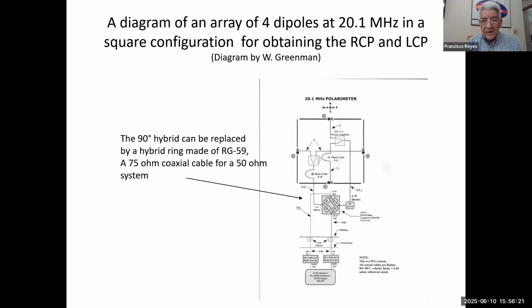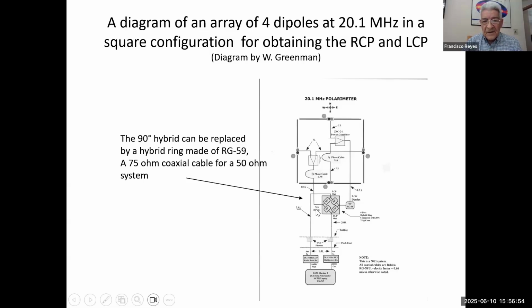Here I'm showing pretty much what I have at home in my small observatory, and the one that was used by Wes Greenman. By the way, Wes Greenman passed away a couple of years ago. He was one of the original members of Radio JOVE, and he used a ring made of coaxial cable, RG59.